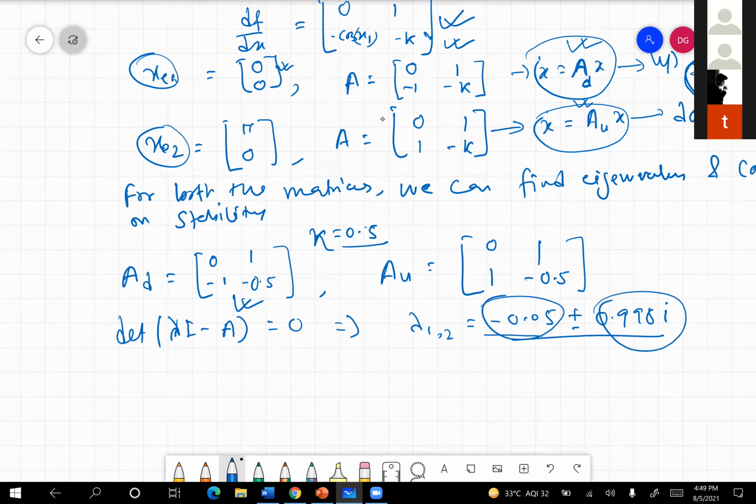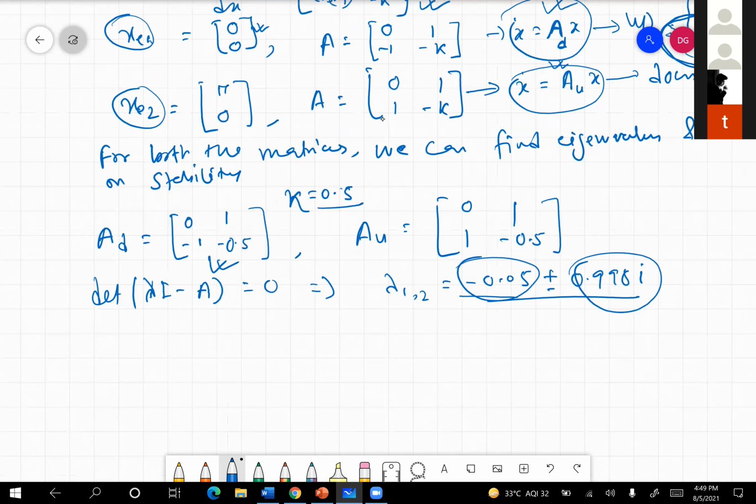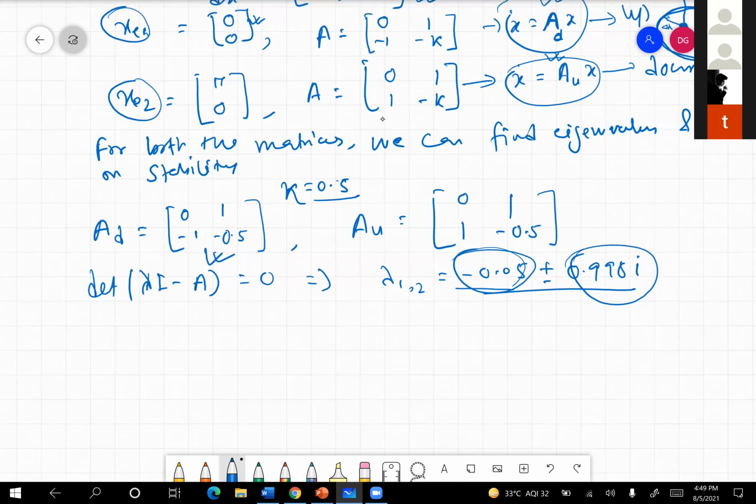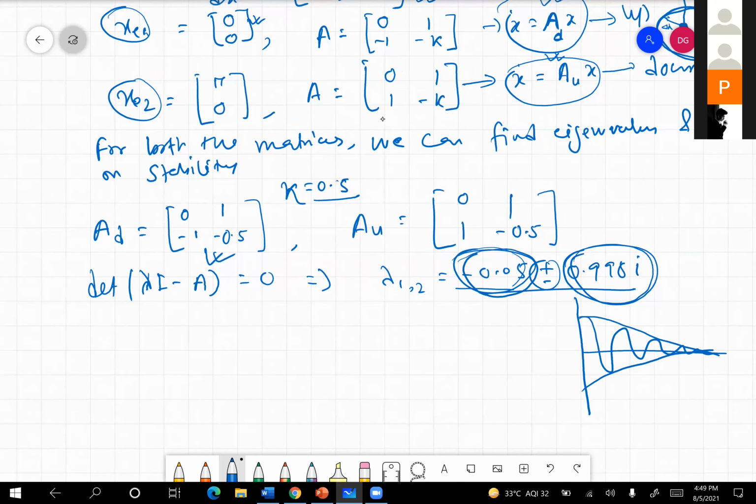So you have noticed something: when you have a negative real part and you have an imaginary plus minus part, then we can have the response like this, because this is the function actually decaying.